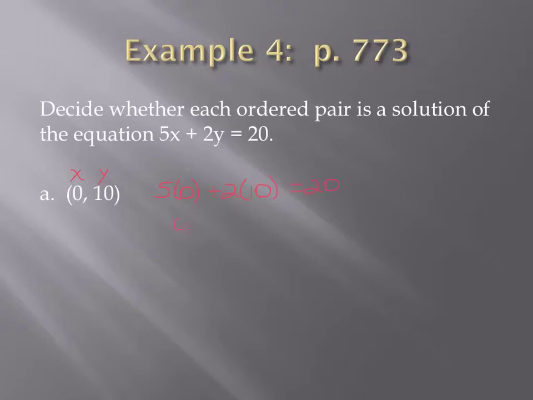So 5 times 0 is 0, 2 times 10 is 20, 0 plus 20 is 20. So yes, 0, 10 is a solution of this equation. For it to be a solution, what that means is if I were to graph the line 5x plus 2y equals 20, 0, 10 would be a point on that line.